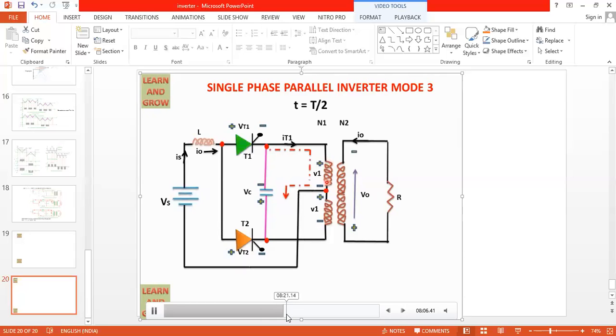In the examination also, you have to represent how the current is flowing. Now, what is the case in mode 4?